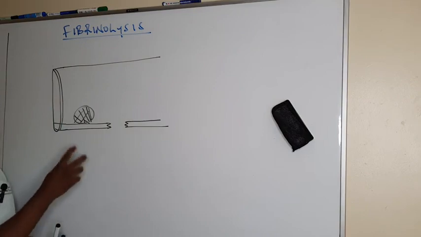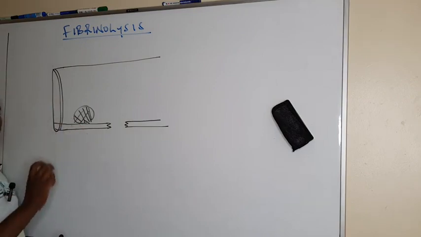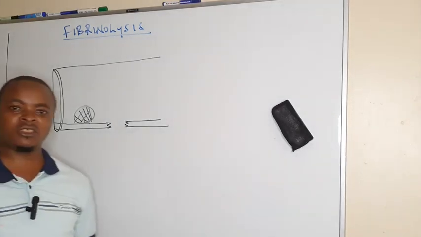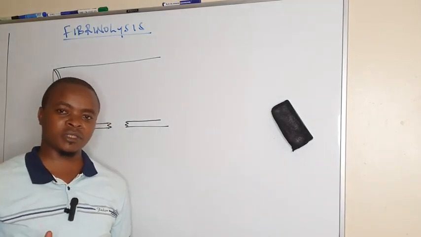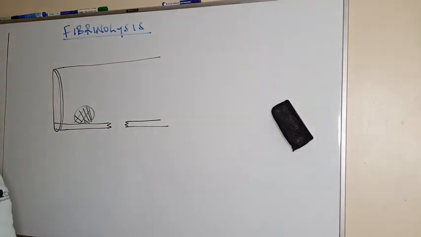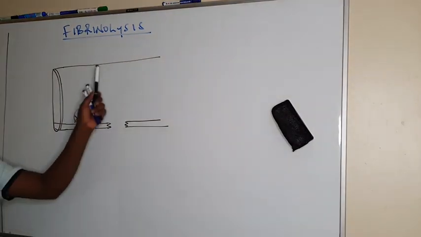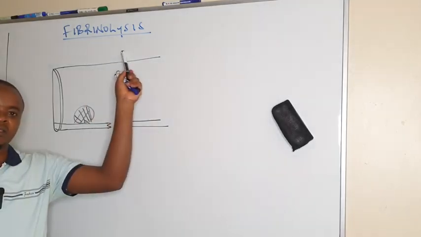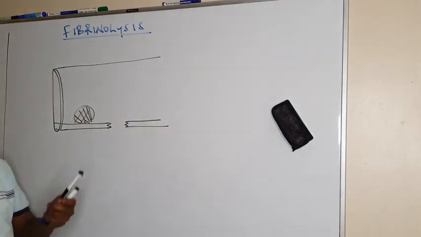So in this session, we want to look at how we can break down this fibrin mesh which is formed by primary hemostasis and secondary hemostasis. And that is what we are calling fibrinolysis. So what is fibrinolysis?